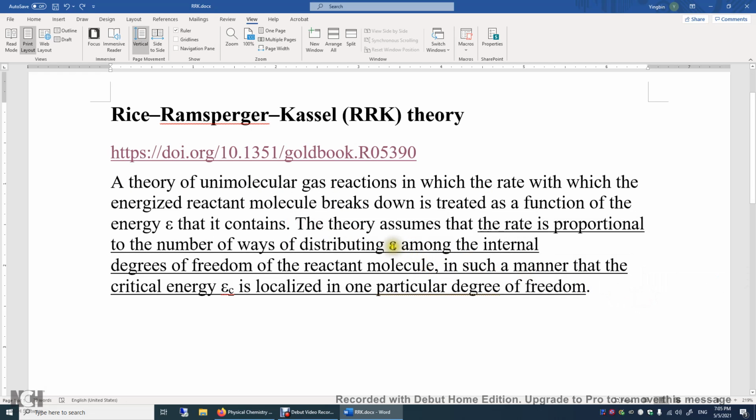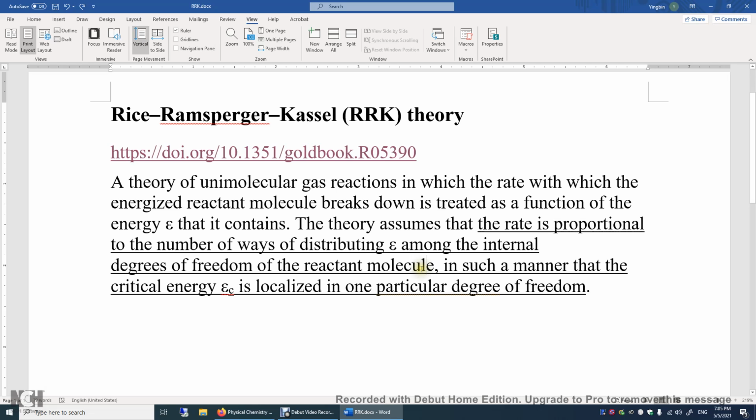Over here, we need to distribute a total amount of energy epsilon to all vibrational modes of the reactant molecule. In RRK theory, we assume every single vibrational mode has the same vibrational frequency.